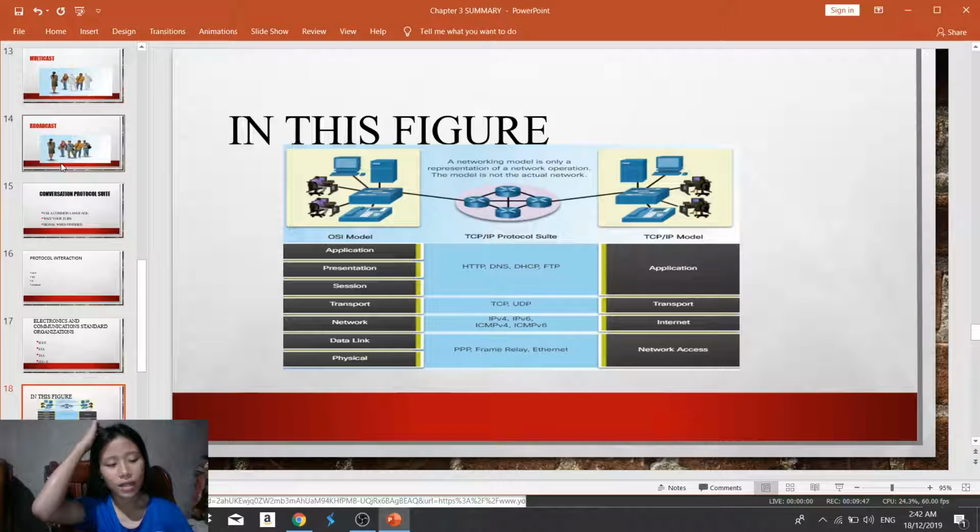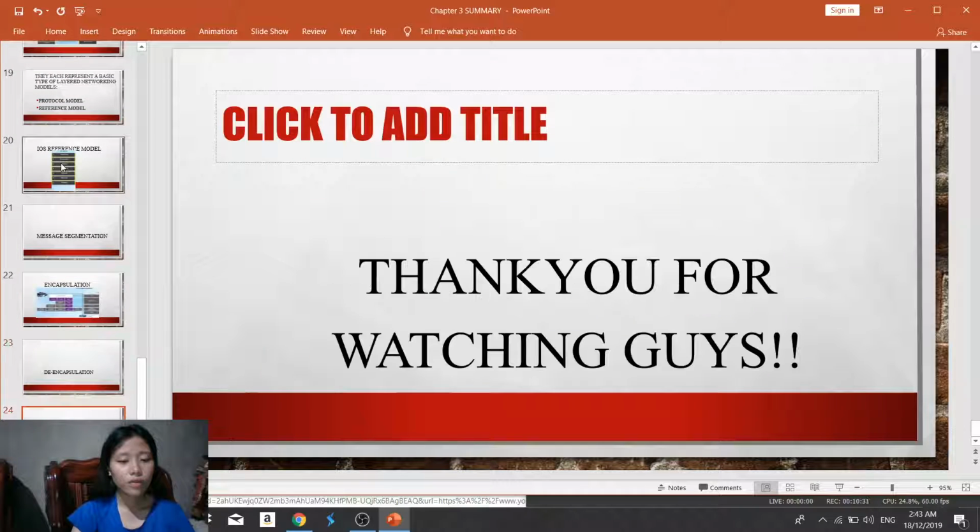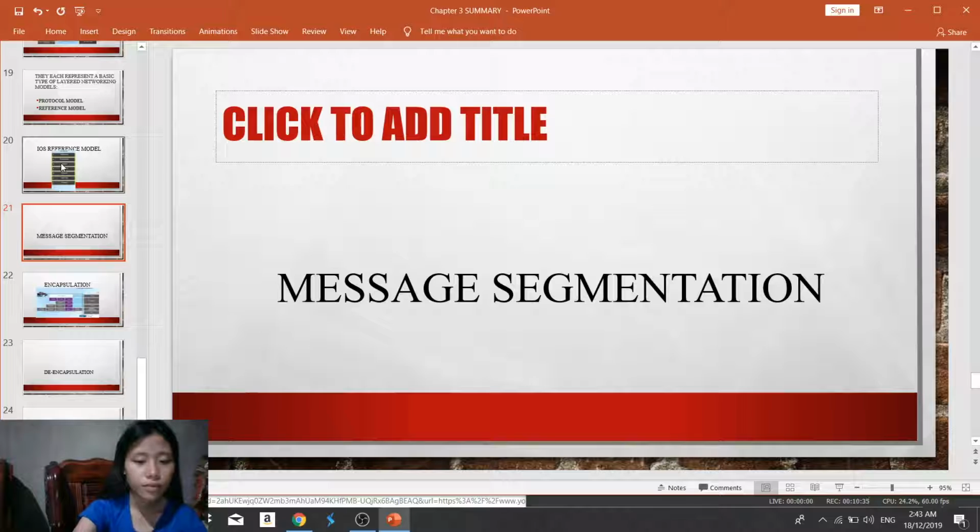In this figure, you can see the application, presentation, session, transport, network, data link, and physical layers, which are connected to the applications HTTP, DNS, DHCP, FTP, and the transport protocols TCP and UDP, then IPv4, IPv6, ICMPv4, ICMPv6, and PPP, Frame Relay, and Ethernet.